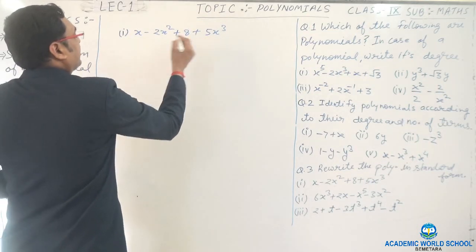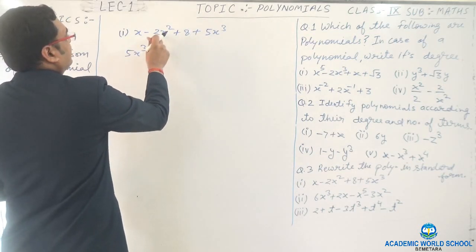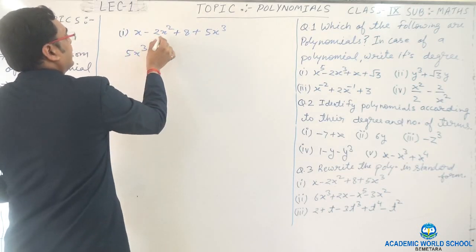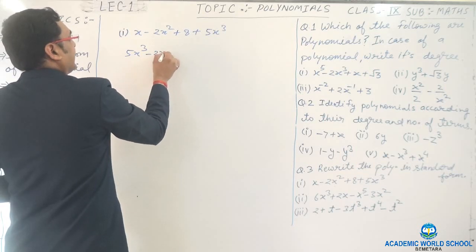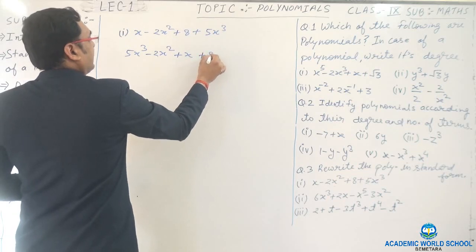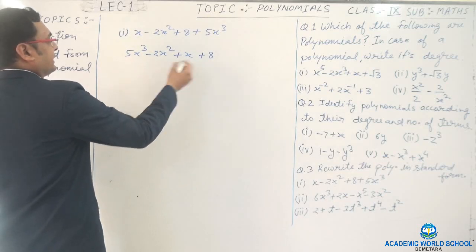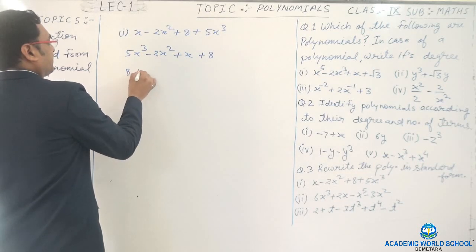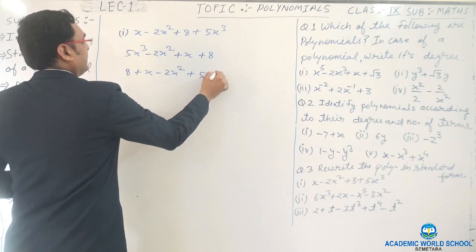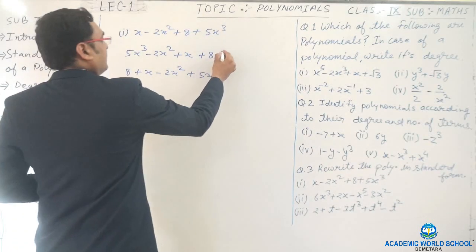So we can write in decreasing order, 5x cube at the first, next here x square, so this minus sign will be kept with the coefficient of x square, so minus 2x square, next it is x plus x and plus 8. This is the standard form. We can write it in increasing order also. It will be 8 plus x minus 2x square plus 5x cube. These both are in standard form.